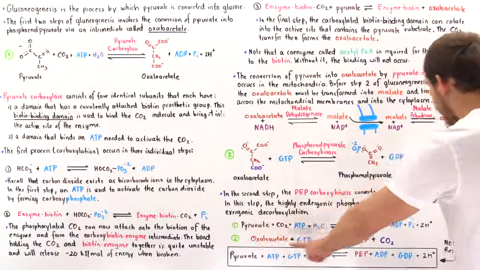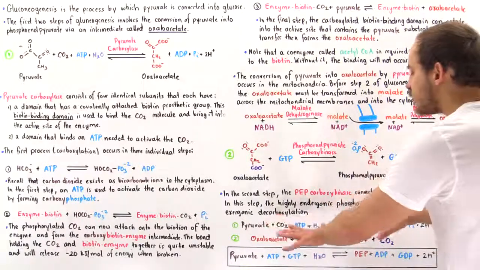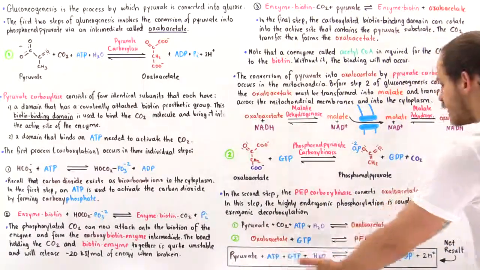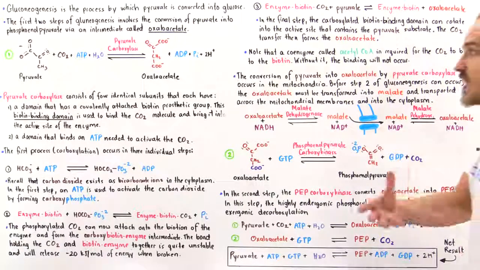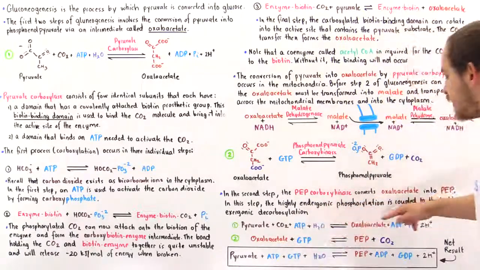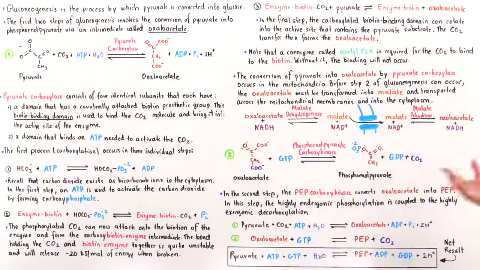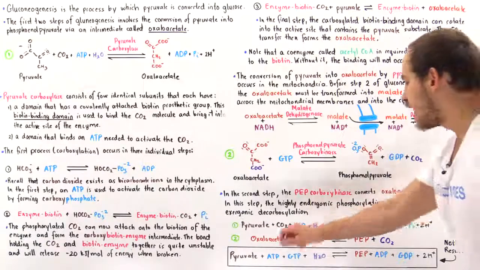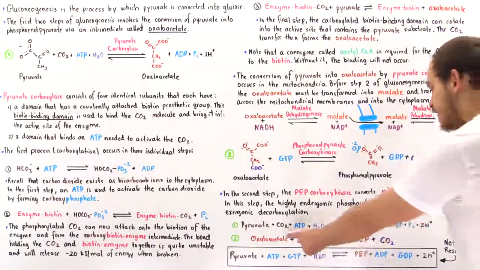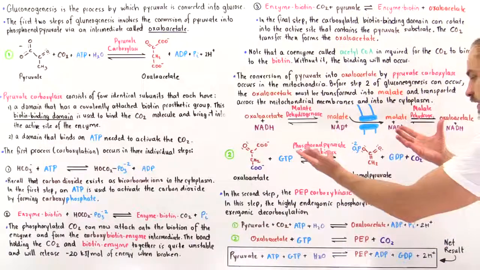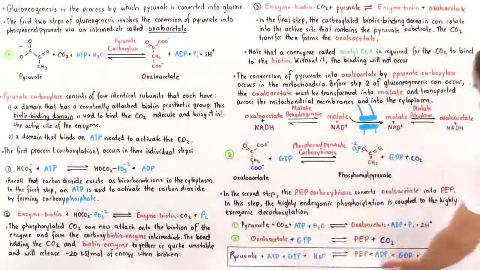So we have step number 1 and step number 2. And if we sum up these two individual steps, this is the net reaction that we're going to get. Notice the CO2s will cancel because they're intermediates, and so will these oxaloacetates because they appear on both sides. So these two molecules cancel, the CO2 will cancel, and we sum up these two results, and this is what we get.